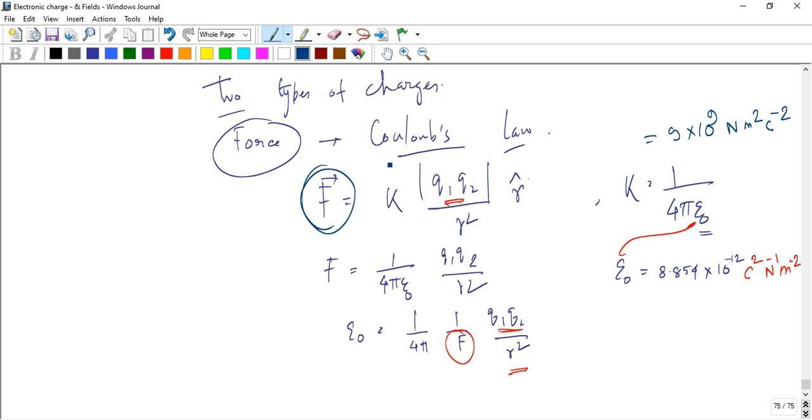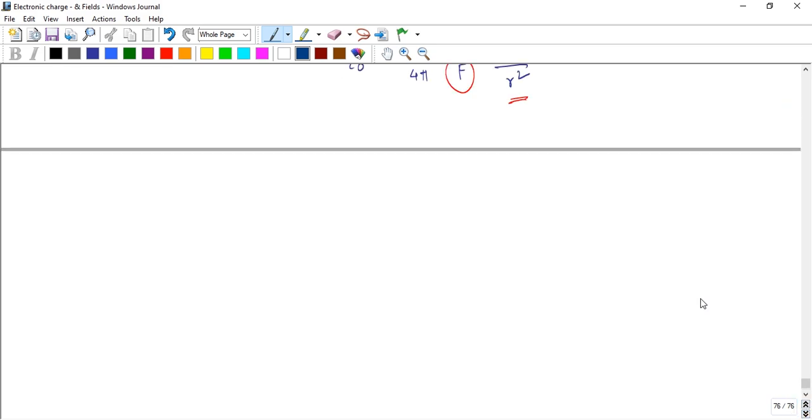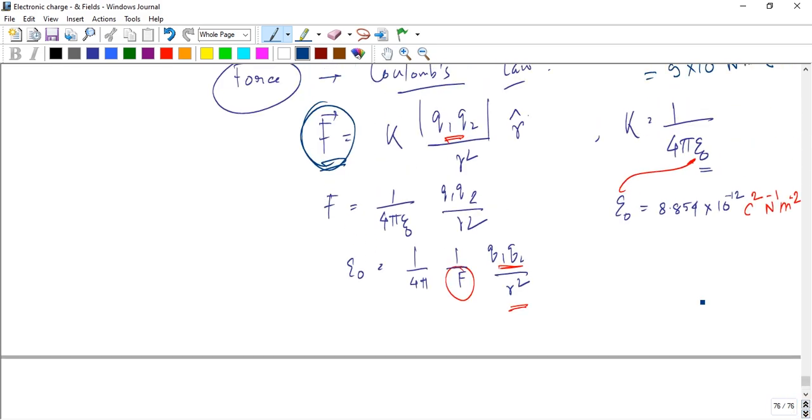Okay. So electrostatic force is experienced by a charge with respect to another charge. Suppose there are two charges, a plus Q1 charge and another plus Q2 charge, and Q1 experiences force due to Q2, that is F12.